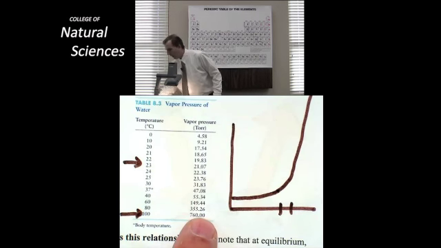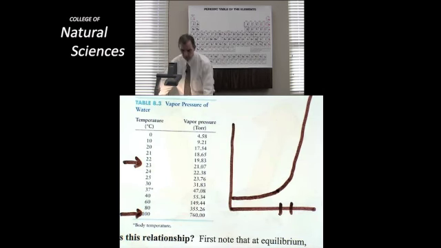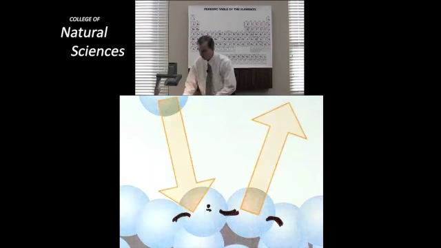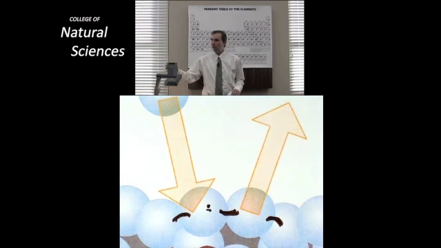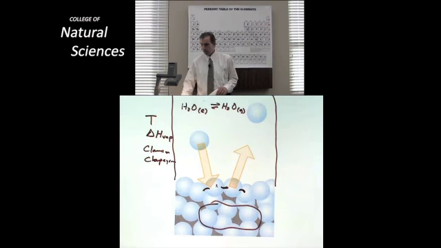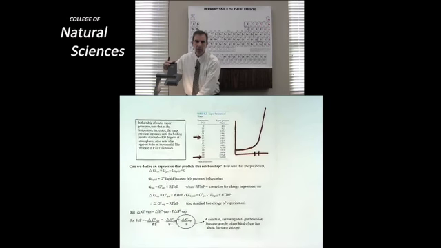Why? Because it is at that point that I actually have bubbles forming down inside the liquid. And I have gone from having a process which is a surface phenomenon to a process which is a solution phenomenon.